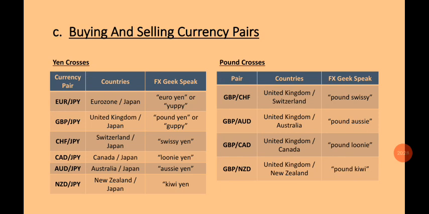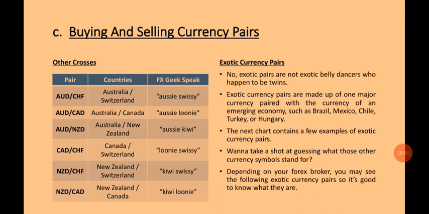For pound crosses, we have the Pound Swiss, Pound Aussie, Pound Loonie, and the Pound Kiwi. Some other crosses include the Aussie Swiss, the Aussie Loonie, the Aussie Kiwi, the Loonie Swiss, the Kiwi Swiss, and the Kiwi Loonie.